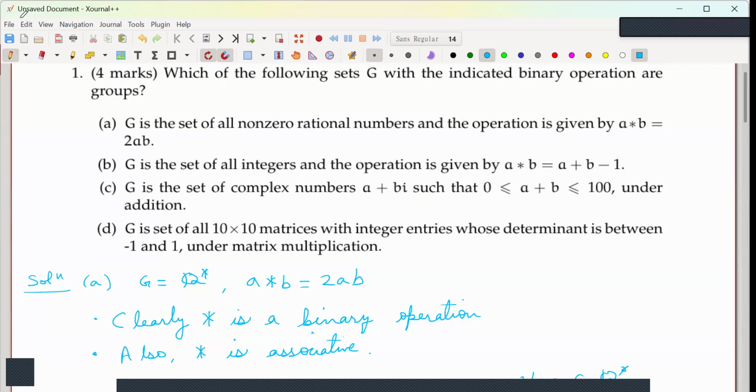It is not closed. So it's not even a binary operation. That's why I told you that even if it is given in the statement that it is a group with the indicated binary operation, the first thing one should do is to check whether the binary operation is there or not. Okay, so not a binary operation. Can you just quickly give me an example?